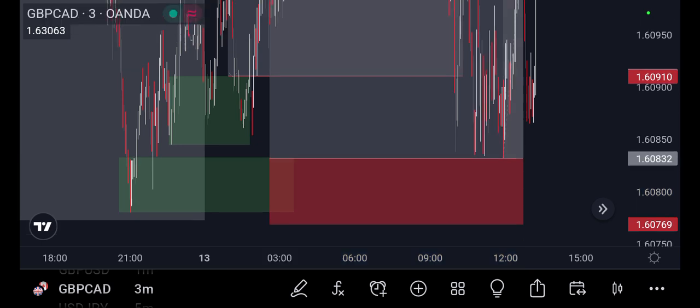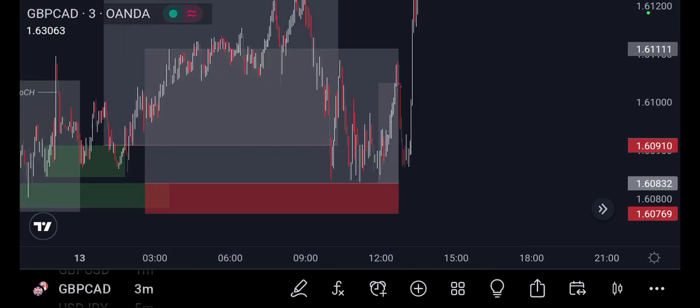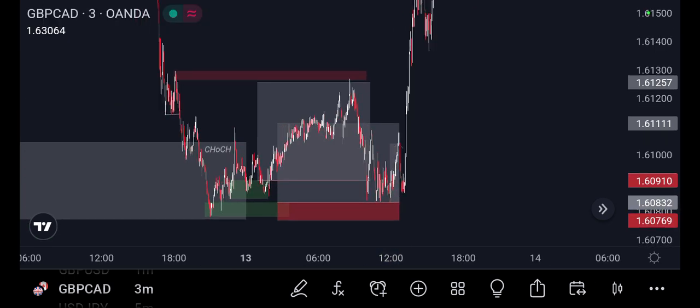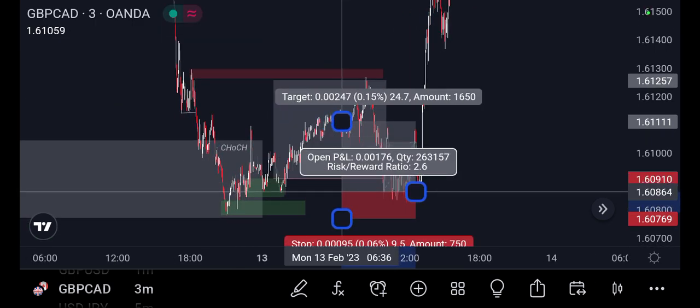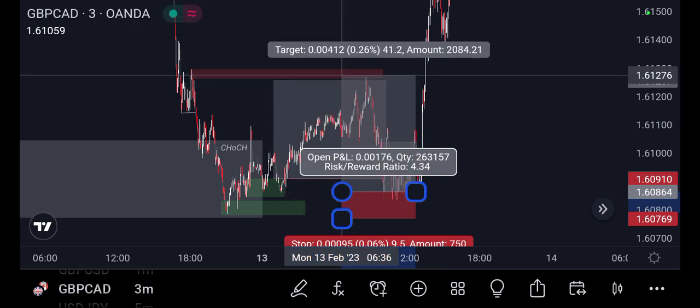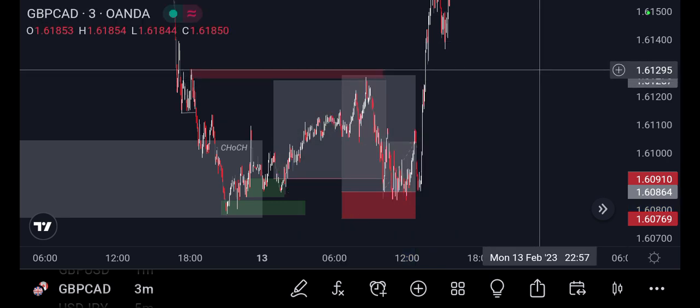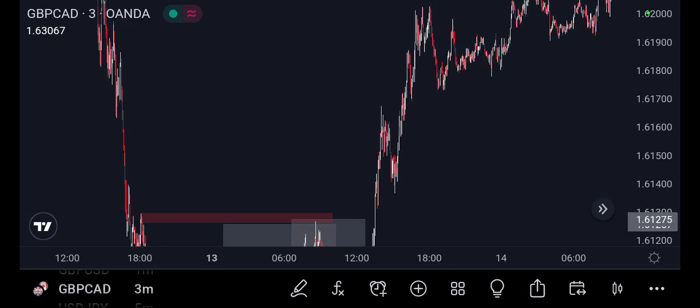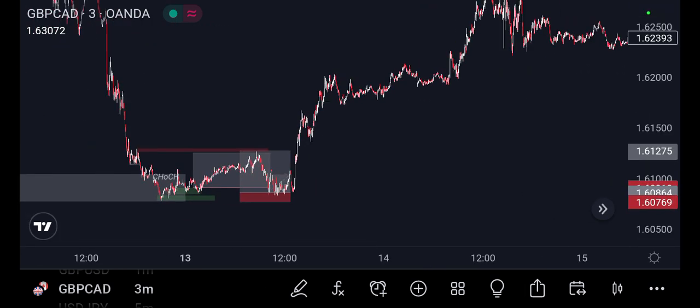Okay, there was a sniper entry. It just sniped the entry and started going up. It was now from here. For example, let's say you break even here. As price has broken the previous high, you move your stop loss to entry. Watch what happens. It's continuing to go up and up and up.